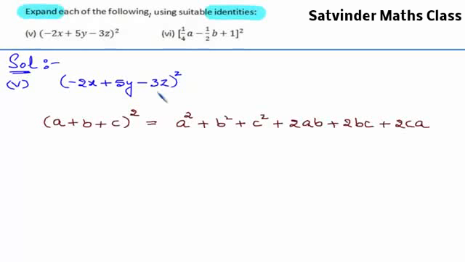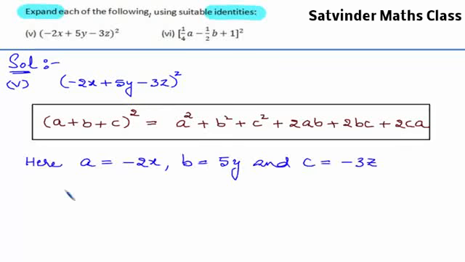To expand the given expression, we will use the identity a plus b plus c whole square, which is equal to a square plus b square plus c square plus 2ab plus 2bc plus 2ca. You have to remember this. Here, a equal to minus 2x, b equal to 5y and c is equal to minus 3z. As you can see here, you can compare.